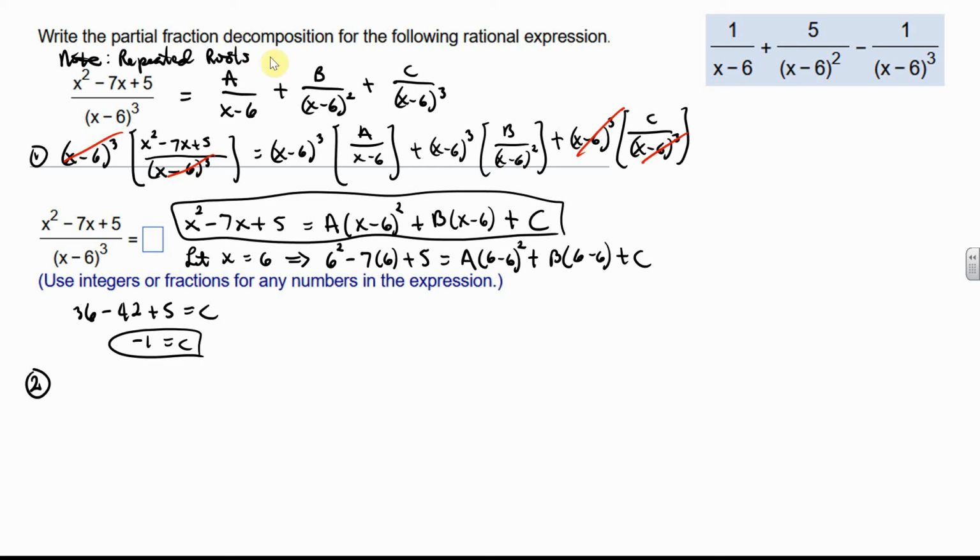So we have to set corresponding coefficients equal. So this is star. All right, so we take star, simplify it. Simplify star.